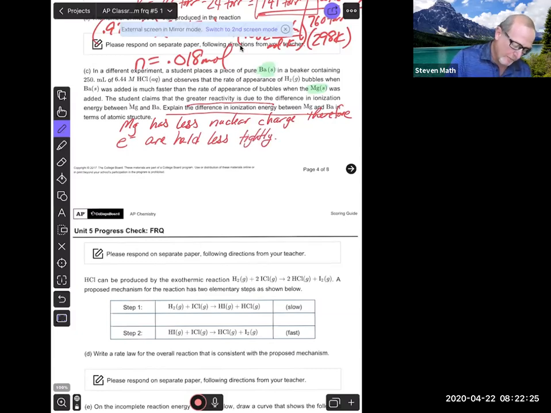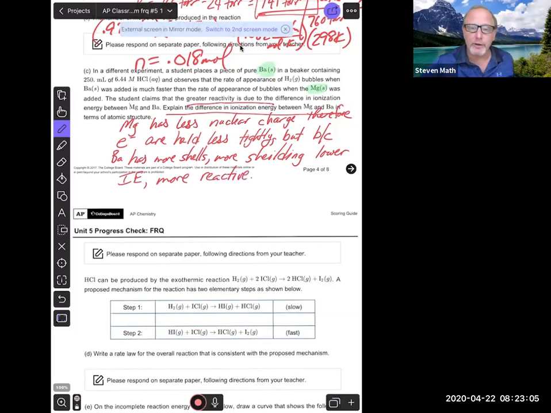But because Ba has more shells, more shielding, lower ionization energy, and more reactive.